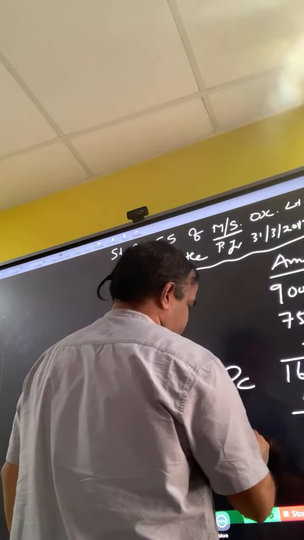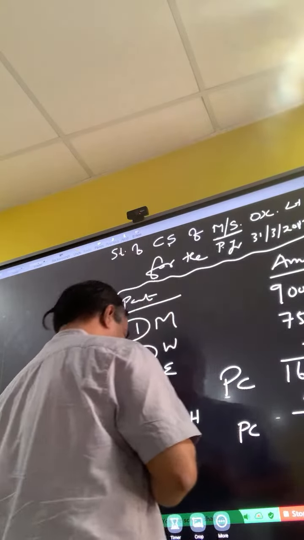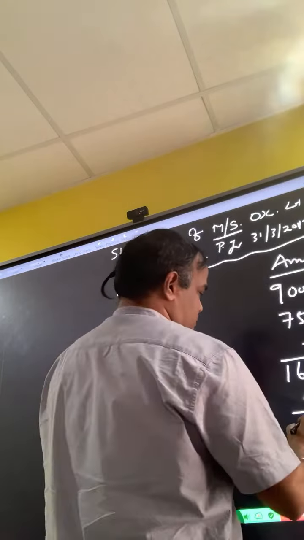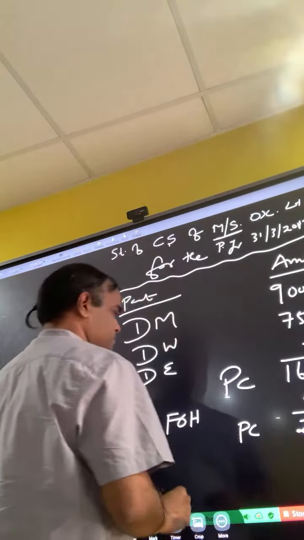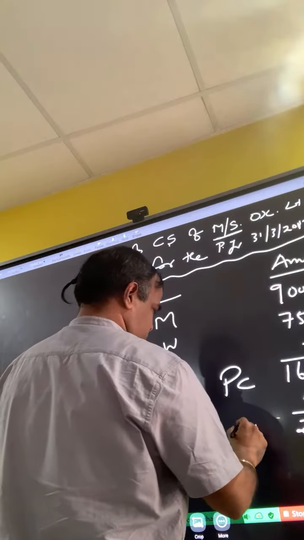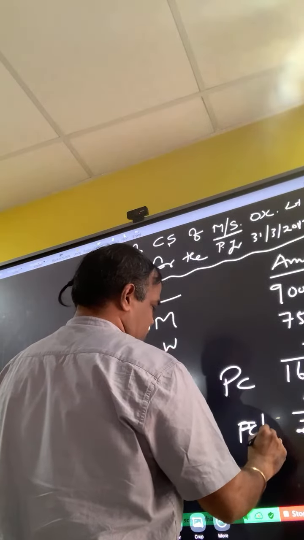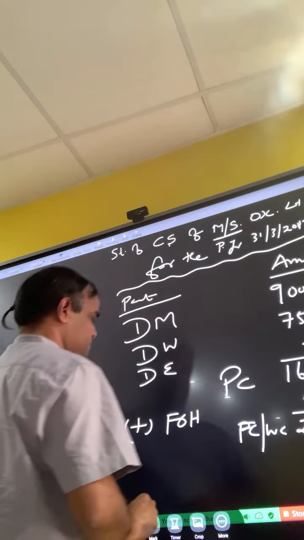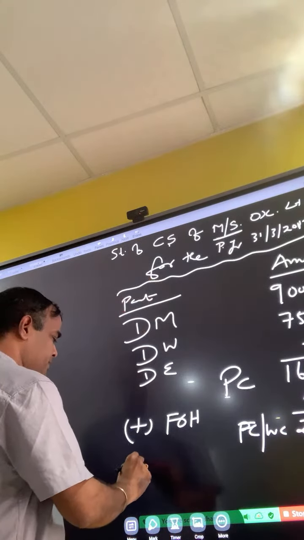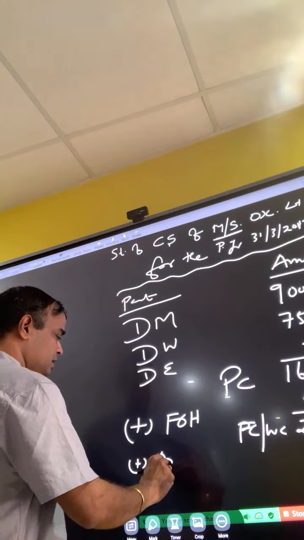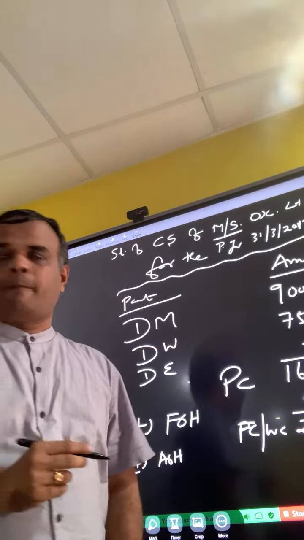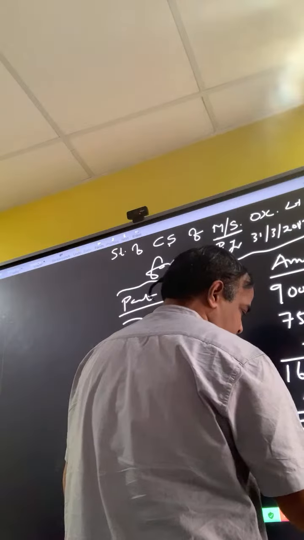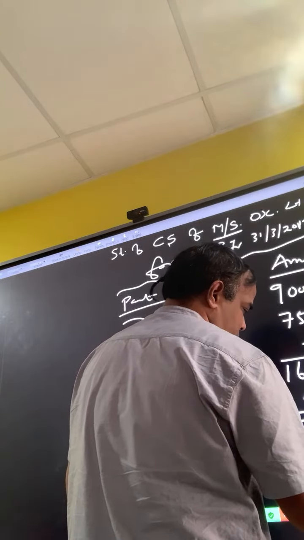Total is called factory cost. What about the factory cost? 21,000 is the factory cost. Factory cost is also called works cost. Add administrative overhead. How much administrative overhead? 4,200.